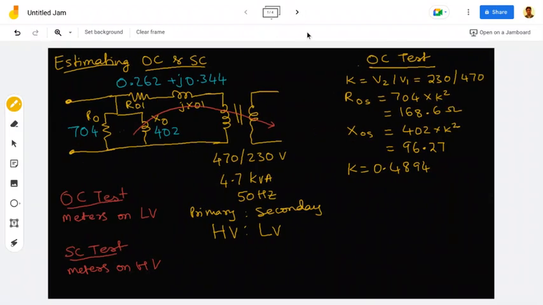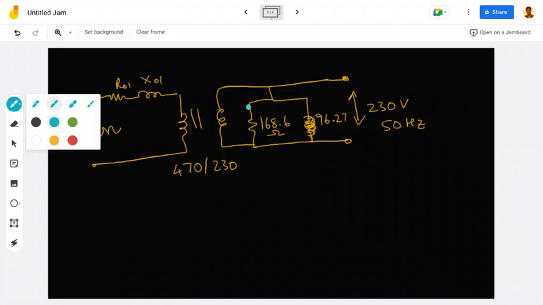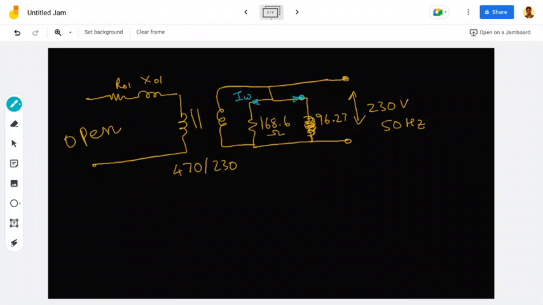Here we need to be careful which is which. So here I need to give an inductor symbol. Accordingly, the current flowing in this branch is called IW, the working component of the current, and the current flowing in this branch is called I mu, the magnetizing component.